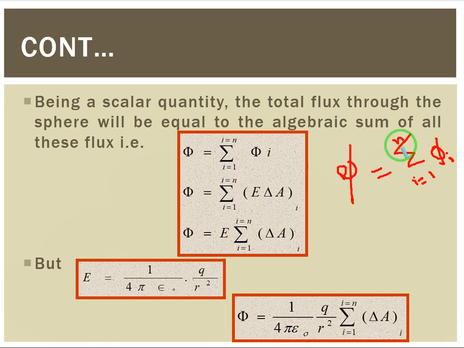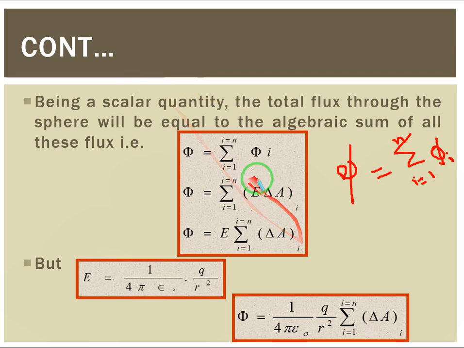So N is your limit. If you have 6 segments, you can use i from 1 to 6, or if you have 10 segments, you can use i from 1 to 10 and so on. This is the simple method to add all the flux and conclude the total flux.